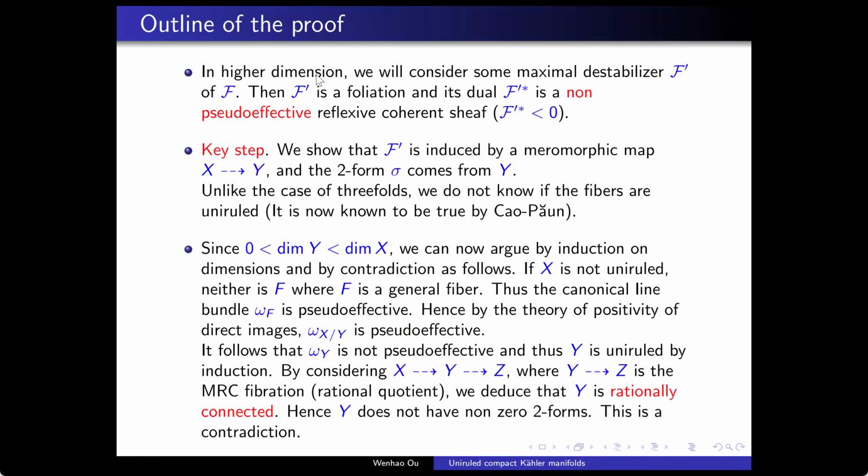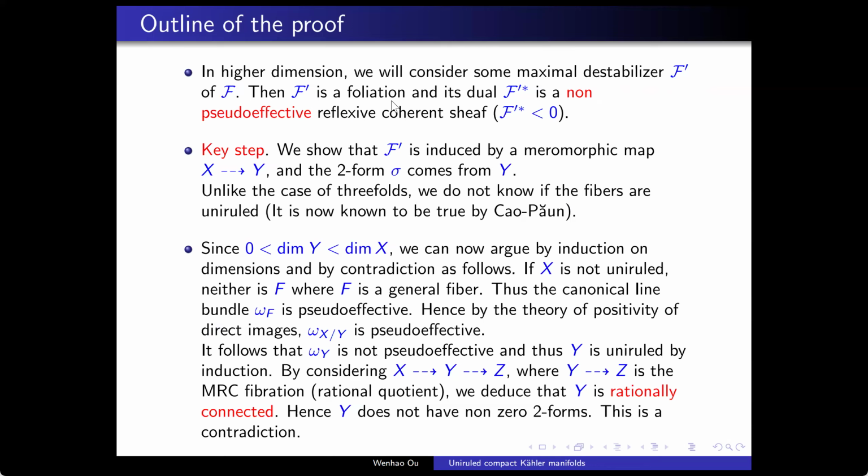So in higher dimension, which is the case we focus on in this talk, F is in general a higher rank reflexive sheaf. So usually it is not easy to talk about its positivity. So our method is to take some maximal destabilizer F prime.